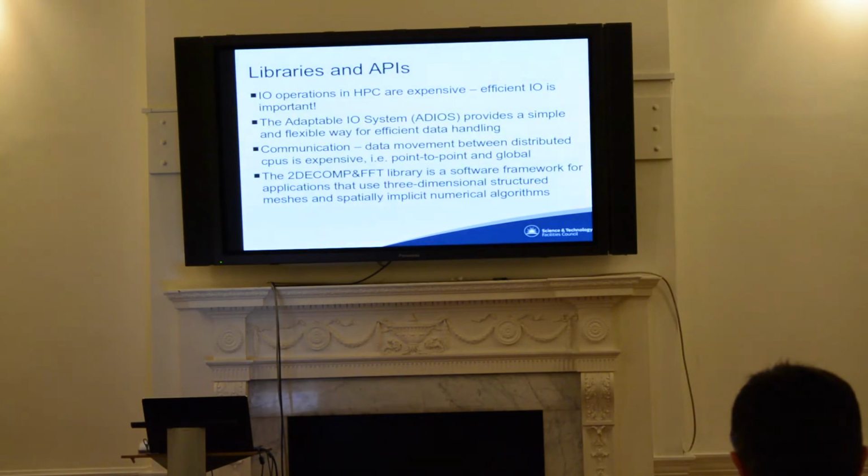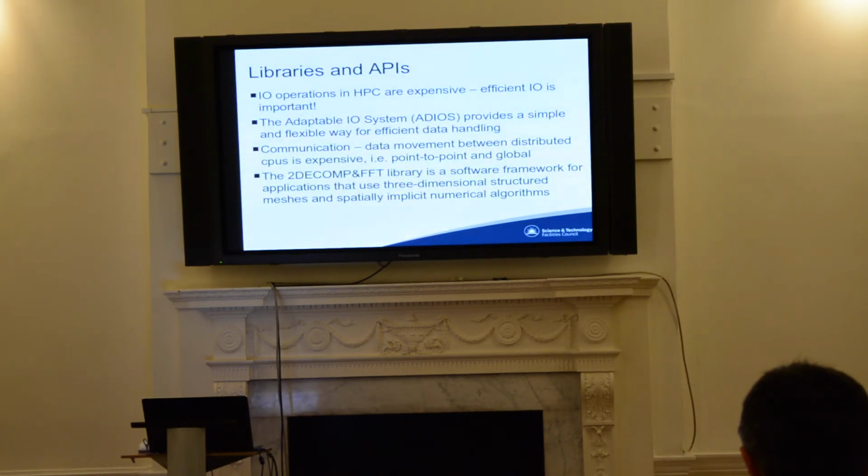Essentially, if you have a distributed application, then each CPU is going to be writing data to a file store. Therefore, it's important that this is done in an efficient way so that the file store can handle that. There are different layers within the file store for enabling this, but the user has to take advantage of them.